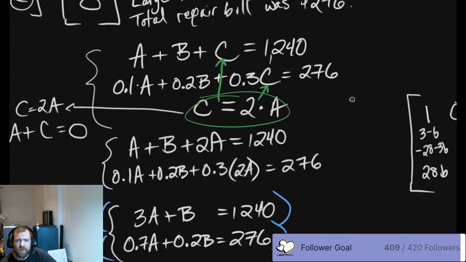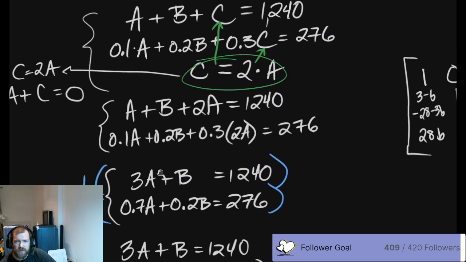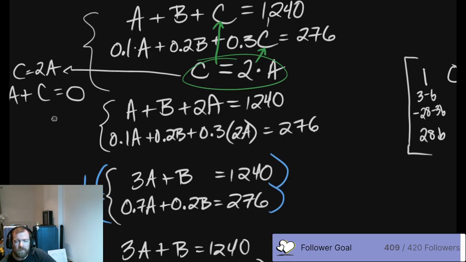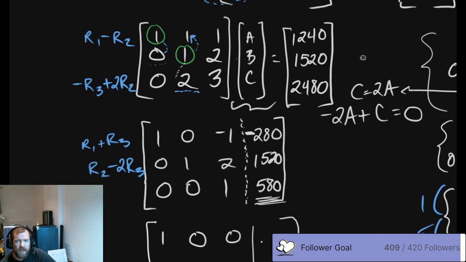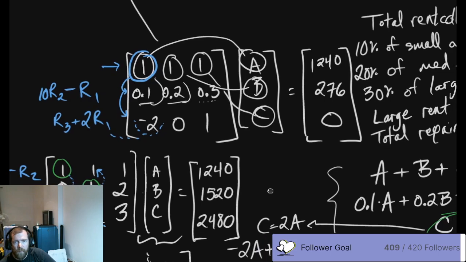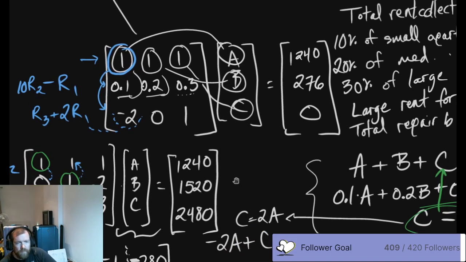So this is regular 3x3 systems of equations, but we're doing it from a linear algebra perspective. If you've ever done matrices before, we're using matrices and what are called row operations to figure out what the solution to the 3x3 system of equations is.